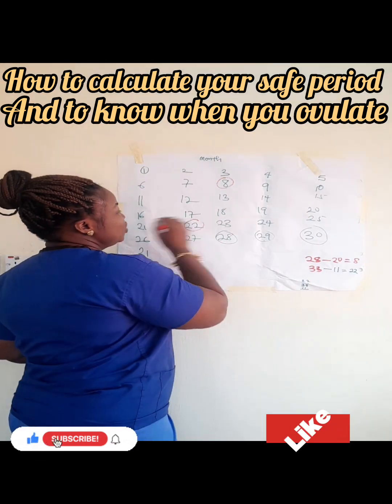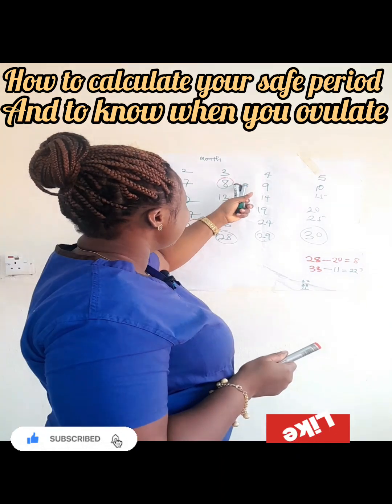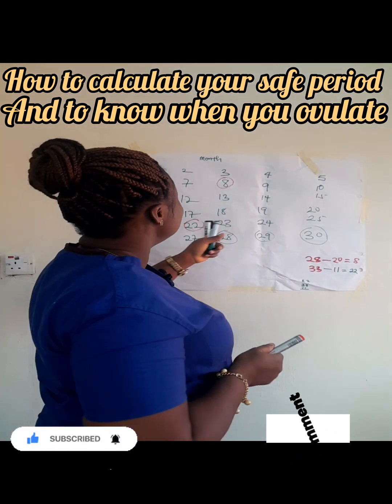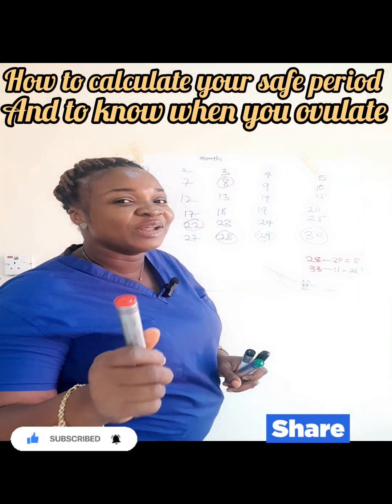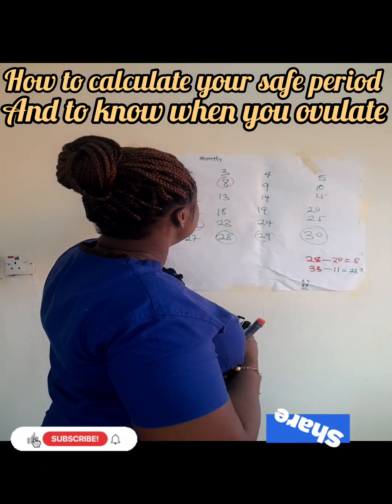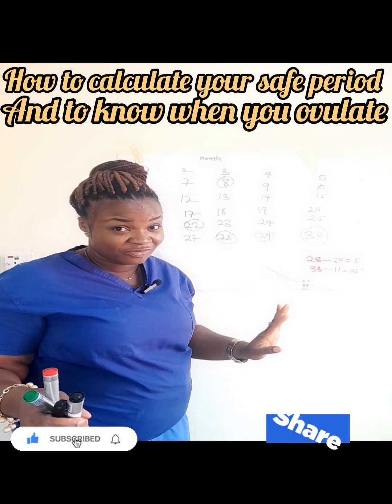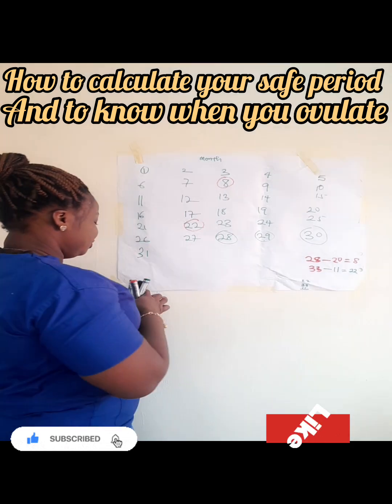This is 22. Now between here till this time, you are not safe. However, between the first day of your menses till the 7th day, you are safe. These are your safe period.